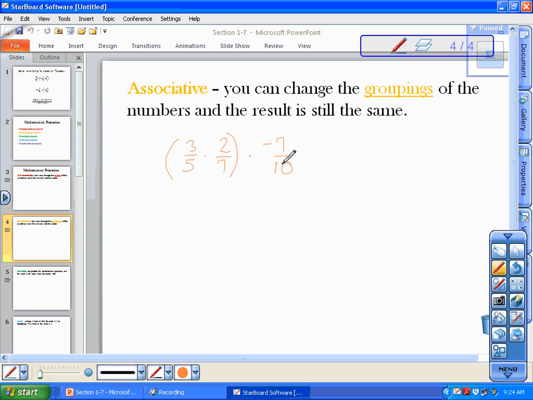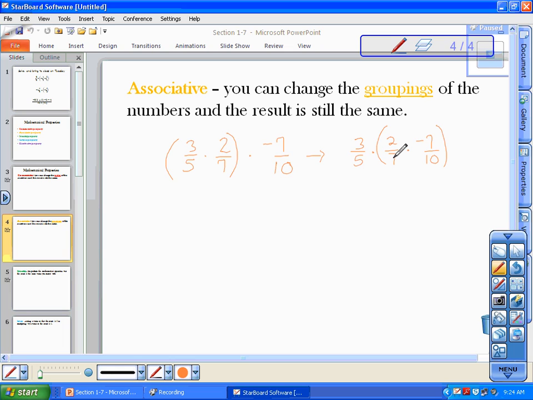So I know that when I multiply fractions, I can reduce before I multiply. So I'm going to apply the associative property to this problem, leave the fractions in the same order, and simply change the groupings. So I'm going to choose to multiply these two fractions together first. Hopefully you're recognizing why I may want to do that.